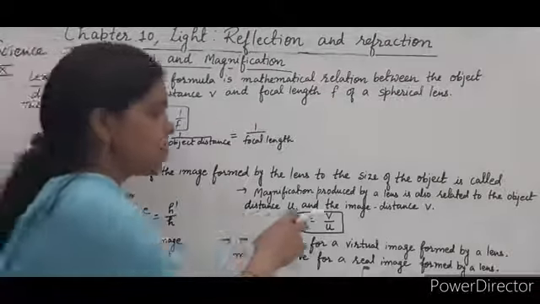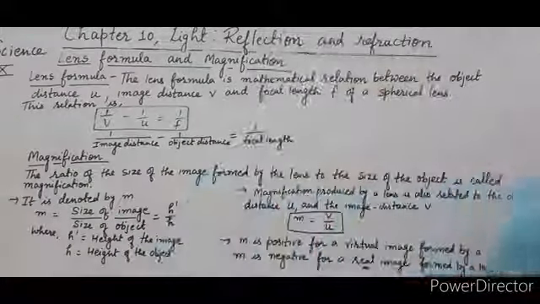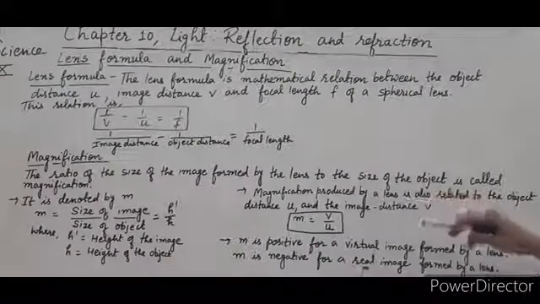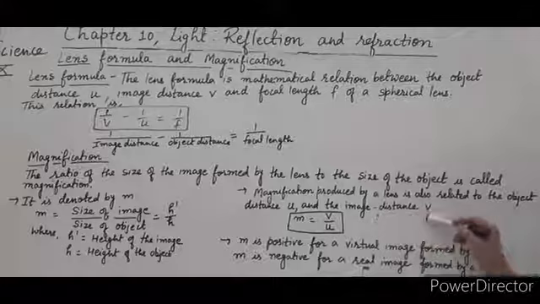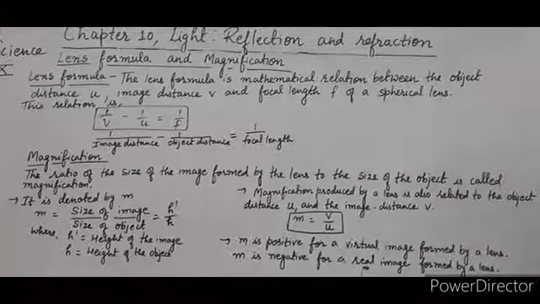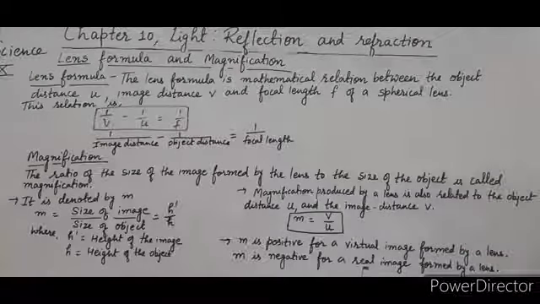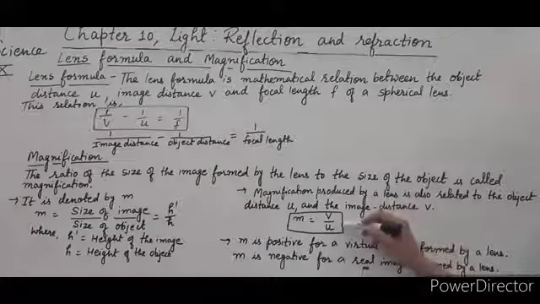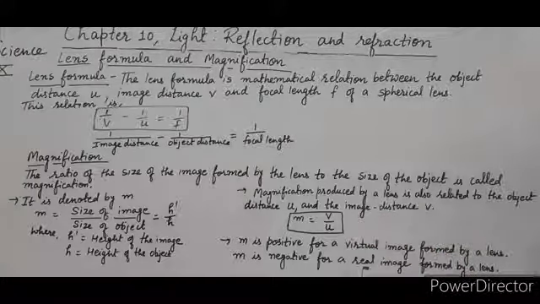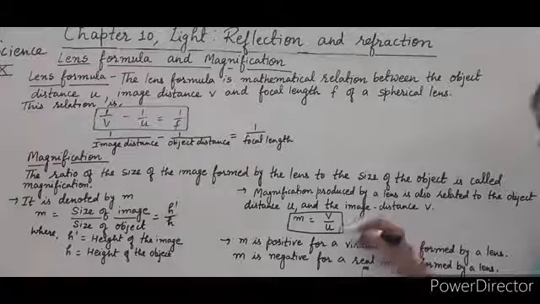Magnification produced by a lens is also related to the object distance u and image distance v. Magnification is equal to v upon u, image distance divided by object distance. So the formula of m is also v upon u.